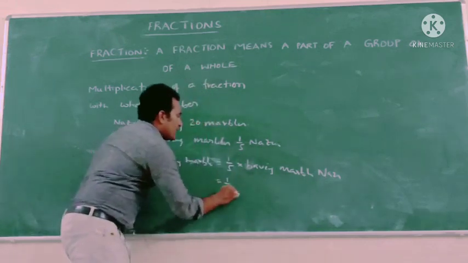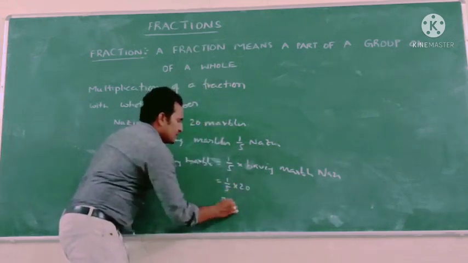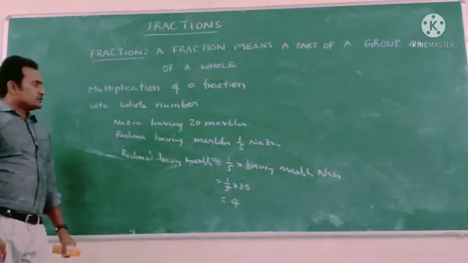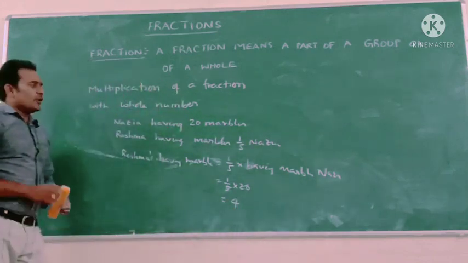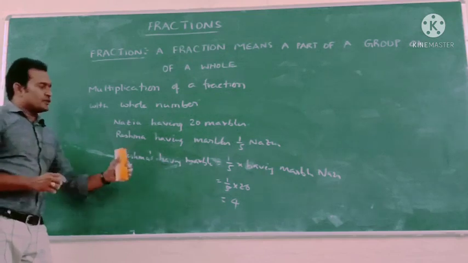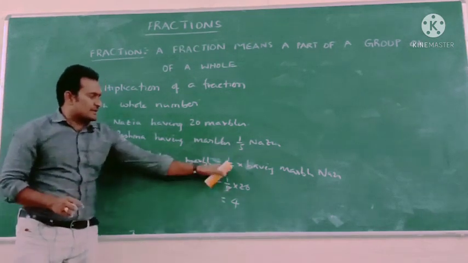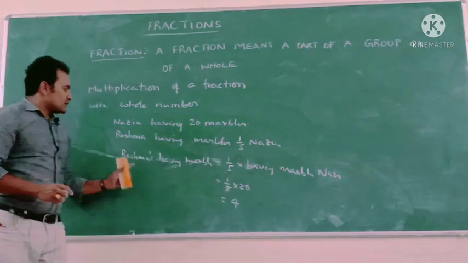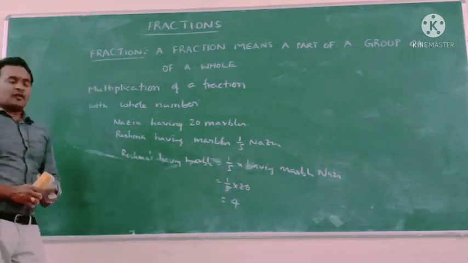So 1 by 5 into 20 equals 20 by 5, that is 4. This is one of the examples. 1 by 5 is a fractional value, 20 is a whole number, 5 in 20 goes 4 times. So Reshma has 4 marbles.